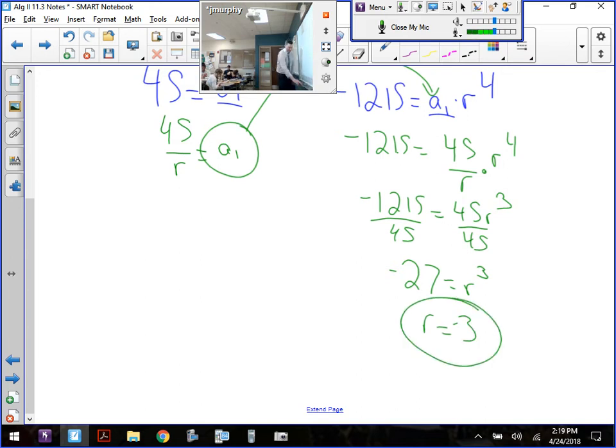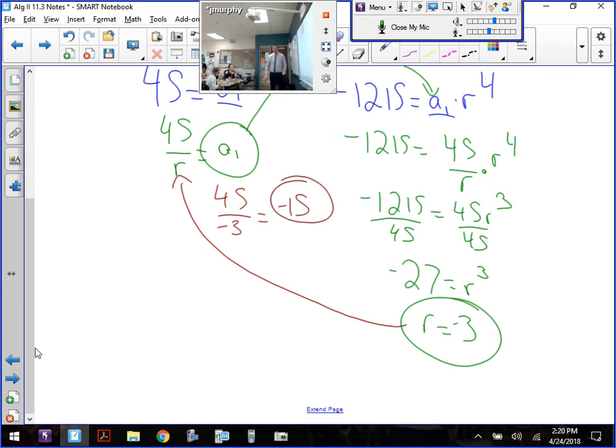If your rate's negative 3, you've got to go back there and figure out your first term. This is a double substitution. Solve one to solve the other. More often than not, the numbers here, guys, are going to wind up nice, really clean. So your rule, first term.